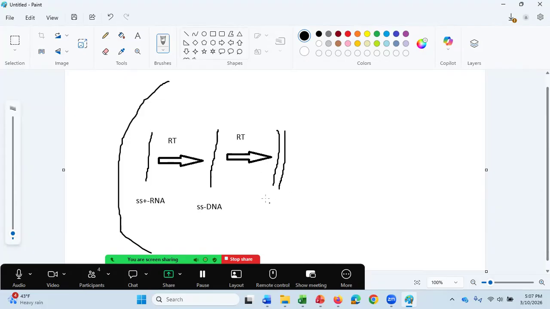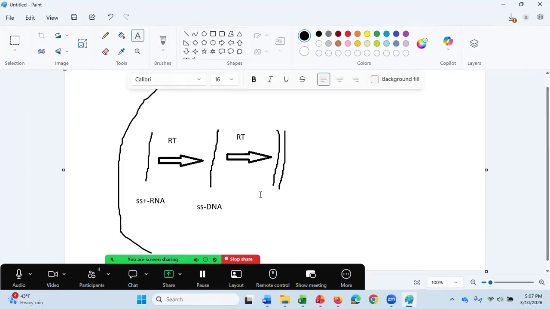And then this double strand DNA integrates into the host cell chromosome. And that remains a permanent part of the cell.